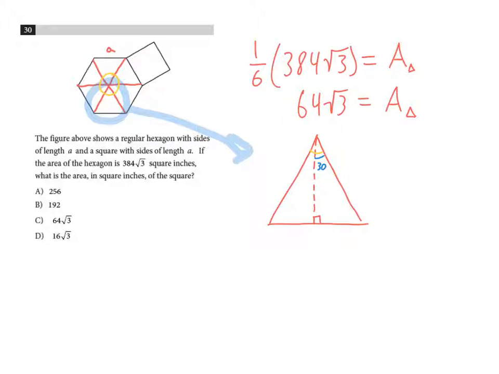That's a 30-degree angle. This is a 90-degree. Then this must be a 60-degree. This is going to be a 30, 60, 90-degree triangle.